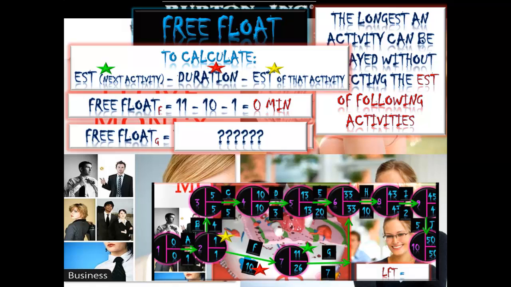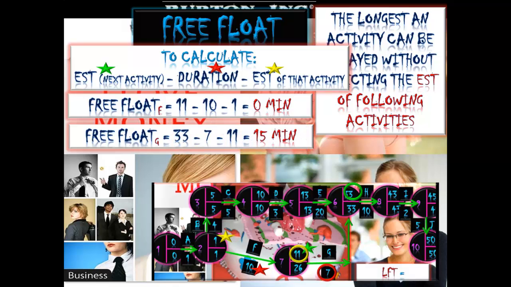The free float of G, remember, is the earliest start time of the next activity minus the duration of G minus the earliest start time of G itself. So 33, 7 and 11 are the numbers that we're interested in, and 15 minutes is the answer there.